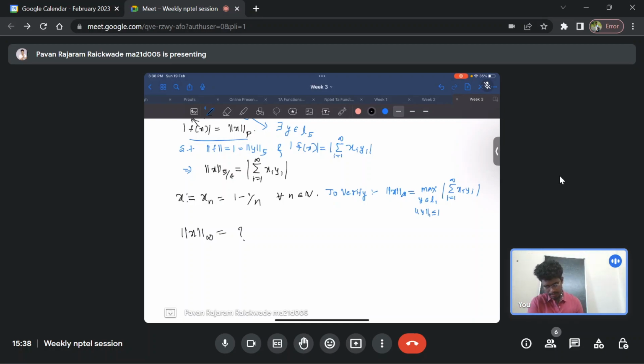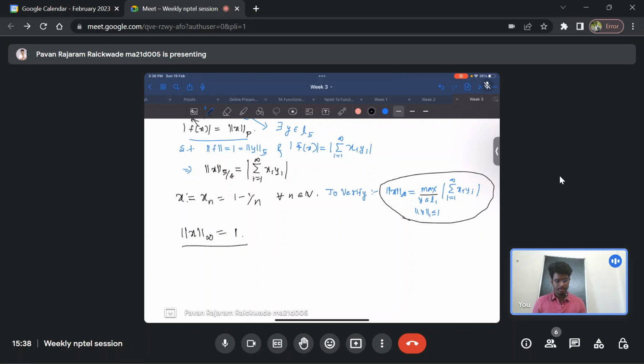Okay, so norm x infinity is 1 here. But the question is, does this equal this quantity, also a maximum they are saying? Okay. Maximum means it will be attained.